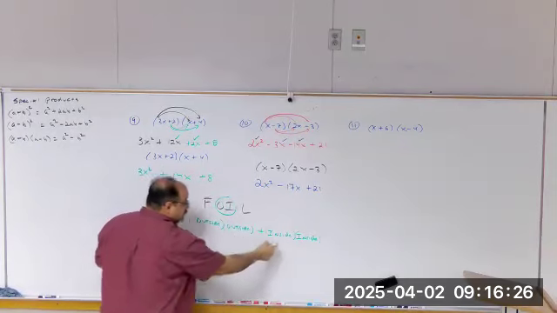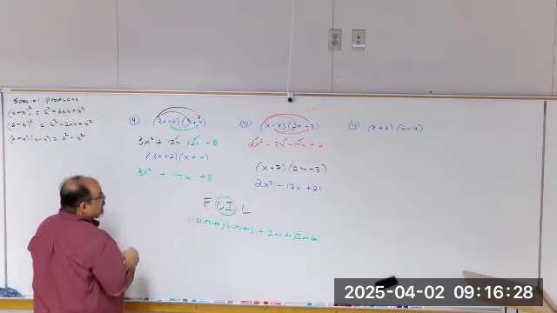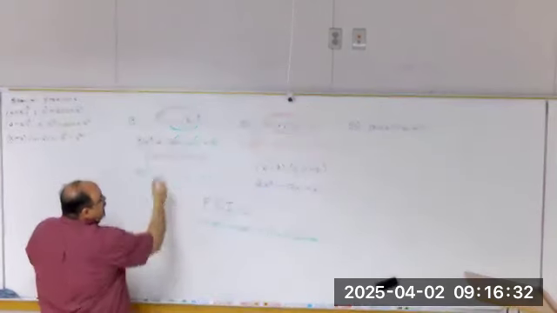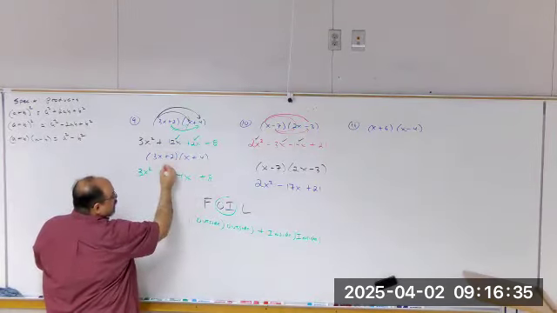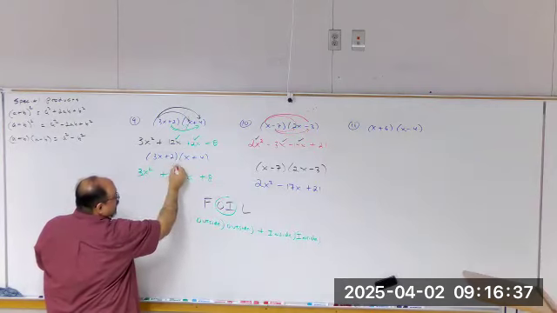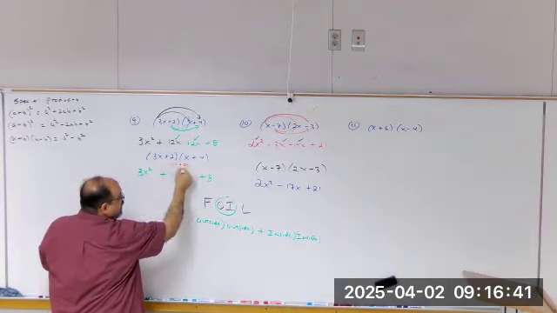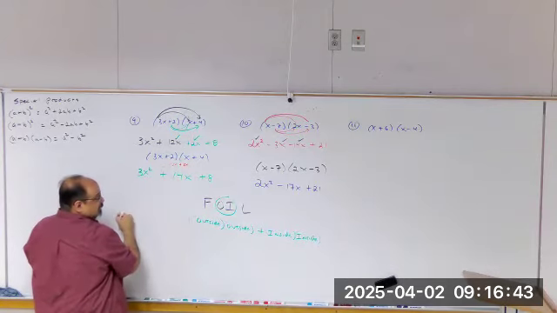The middle is made by going the two outer terms, that 3x times the 4, 3x times the 4 is the 12x, and the inside, 2 times x is a 2x, and that adds up to the 14x.